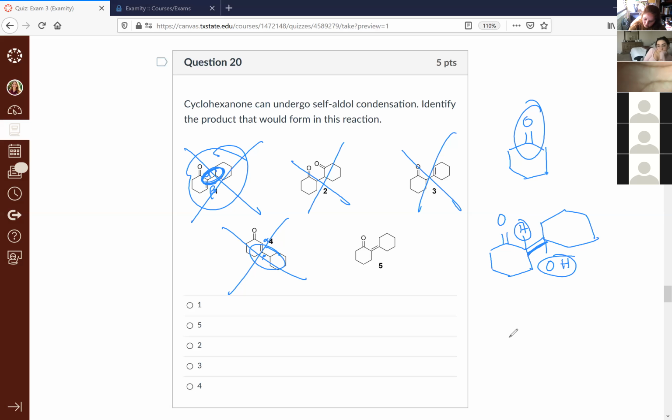Yes, definitely. You can also shorthand this reaction really quickly. I mentioned this the other day: draw your carbonyl overlapping with your alpha carbon and then find the product that looks like that. So put the carbonyl oxygen of the thing that you're going to attack on top of the alpha carbon and just draw the rest of the structure out, and you end up with something that looks like the product.